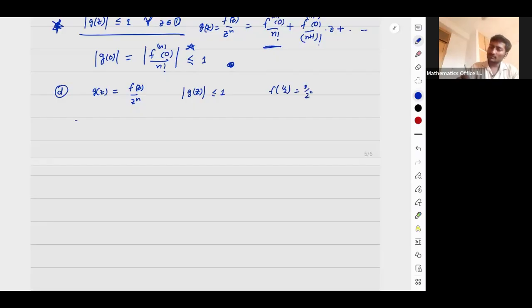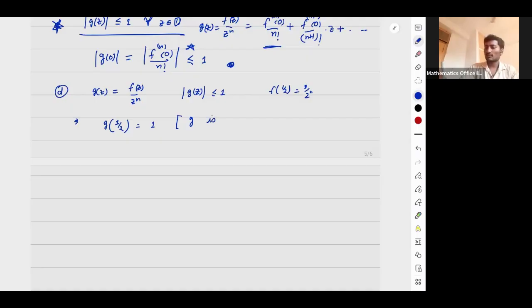This implies g of 1/2 is equal to 1, right? So g attains its maximum inside. You understand? g is a holomorphic function from the unit disk to the unit disk. So we got the proof.